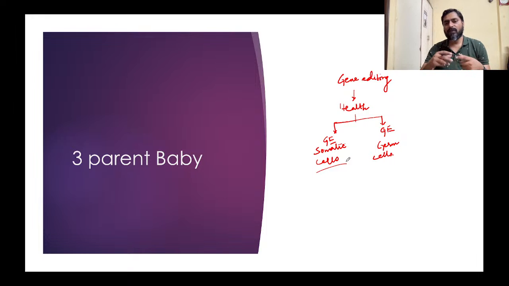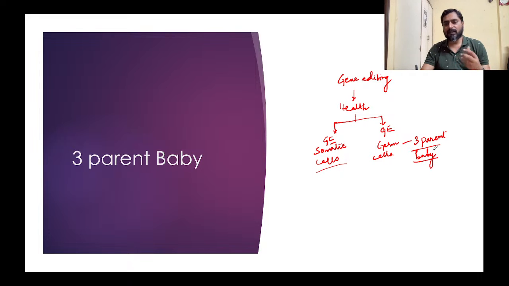So we can do gene editing with respect to any of these types of cells, somatic cells or germ cells. Let us look at some cases like this 3-parent baby issue. Some children could be born with some mitochondrial diseases.